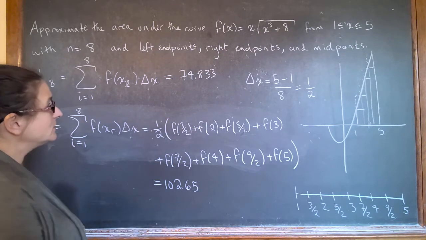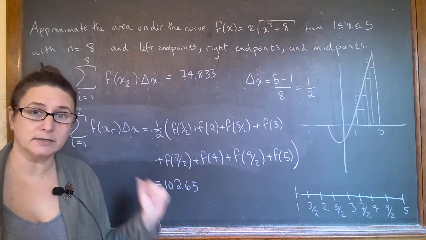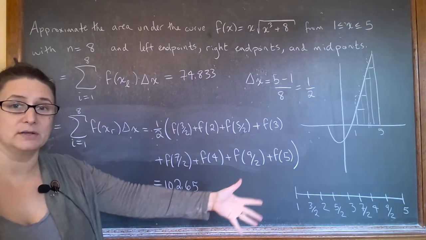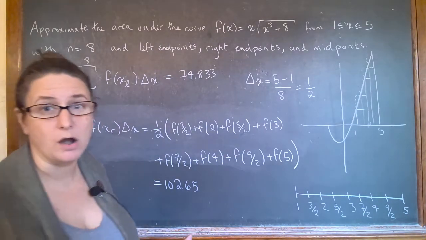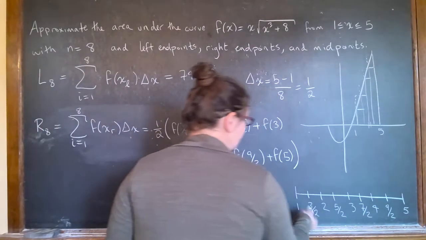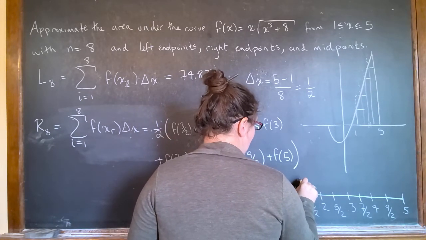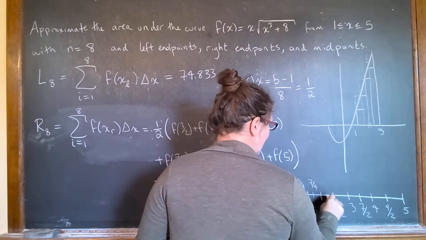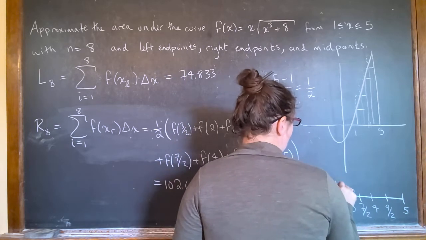But now the last question was about the midpoints. For the midpoints, it's a little more work because I have to go back to my intervals and figure out the midpoint of each interval, but luckily we chose something that isn't too hard. It's easy enough to look at this and figure it out. This is going to be 5/4, then 7/4, and you just figure out what those midpoints are.